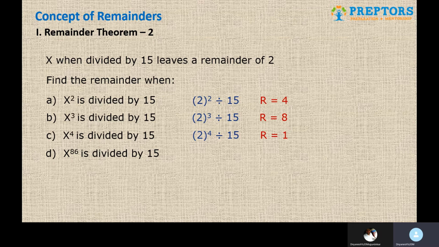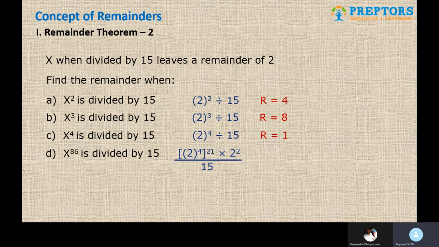And the fourth one is the type of question mostly that you will see, which is x raised to 86. In this case, it will become 2 raised to 86. So 2 raised to 86 divided by 15, what is the remainder? And this is where it becomes interesting, because going forward, listen to this very carefully: we need to find which power of the given number, when divided by the given divisor, will give you the remainder either as positive 1 or minus 1.